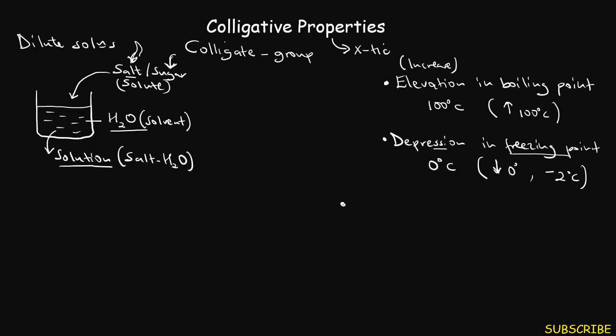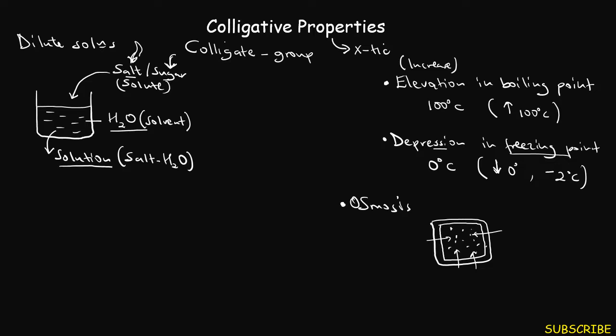Then we also have osmosis. Now, in osmosis, we shall always see a tendency of water entering into a given region in space as it passes through a certain semi-permeable membrane in which we have a solution enclosed.